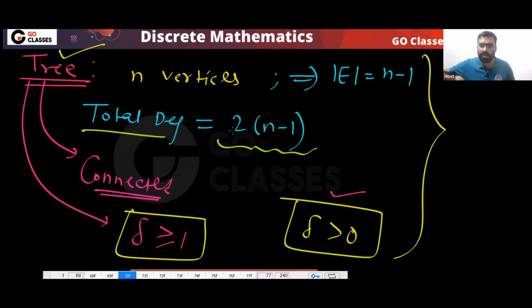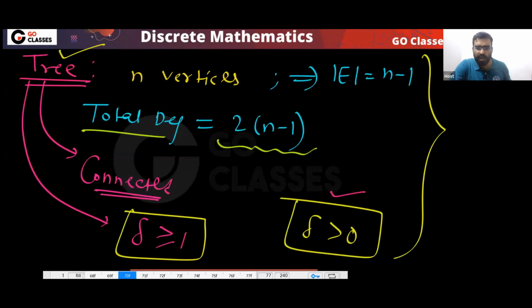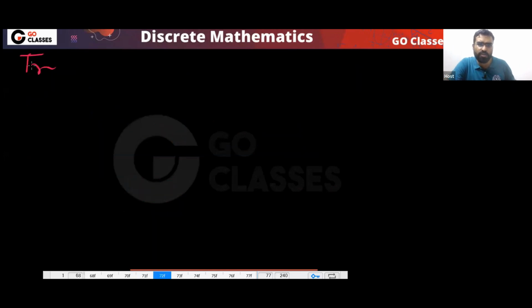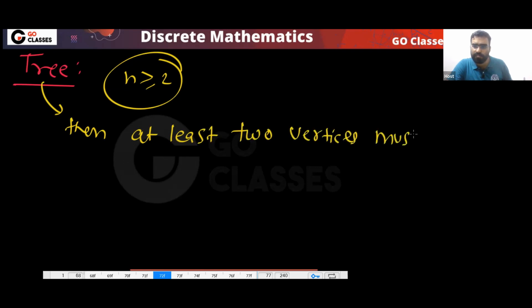For a tree, there is an additional thing you can check: if the number of vertices is greater than or equal to 2, then at least two vertices must have degree 1. This also you can use.